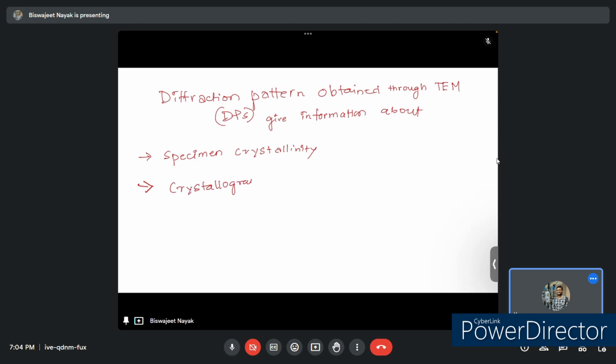Crystallographic characteristics, such as lattice parameter, symmetry, and so on.